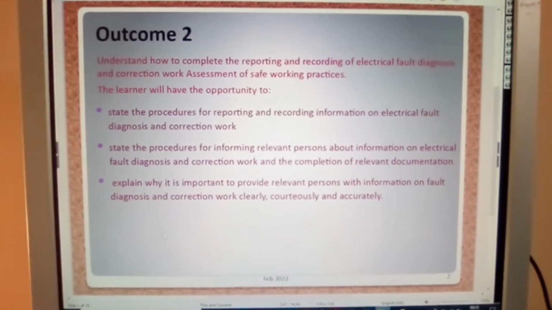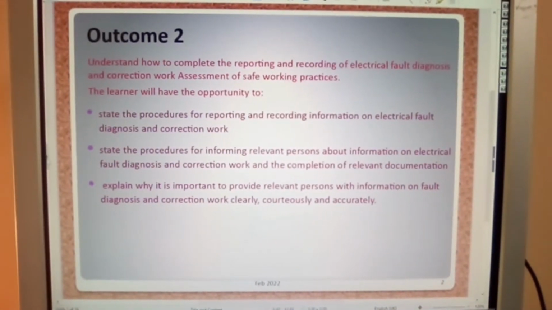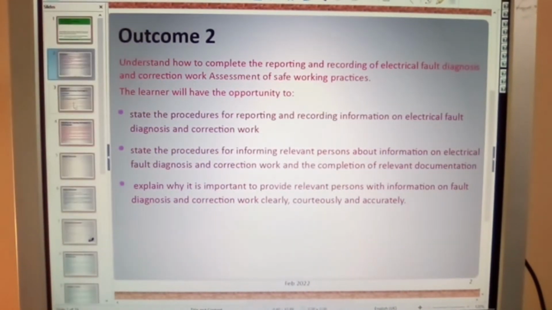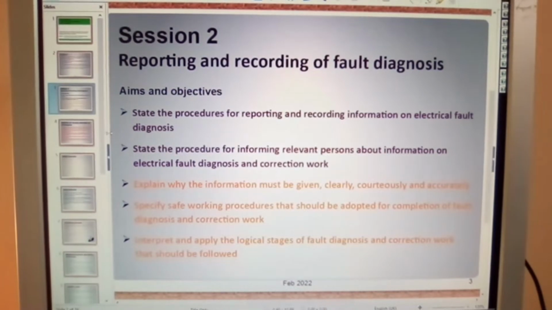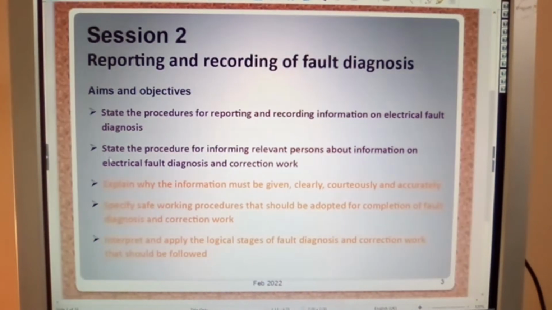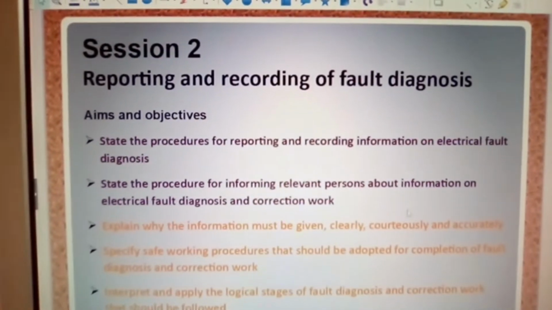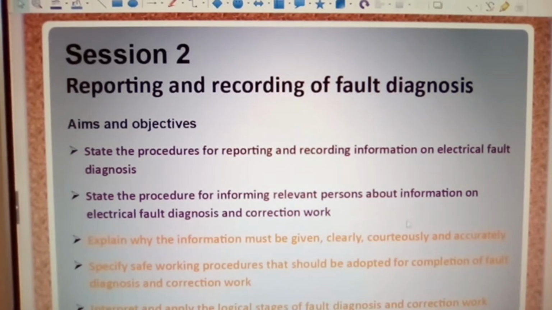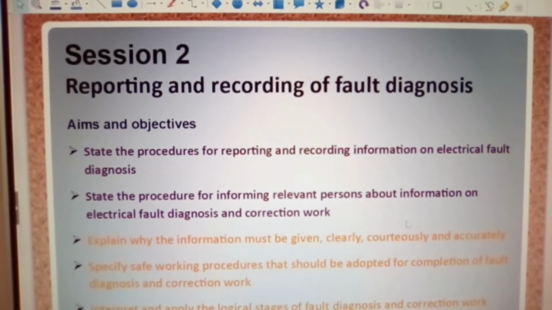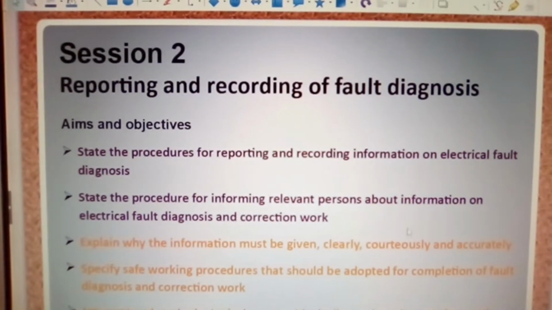Okay, just to make sure we can get it full on screen. And here we have session 2, and again, you can read it for yourselves. I'm hoping that the color comes out okay.